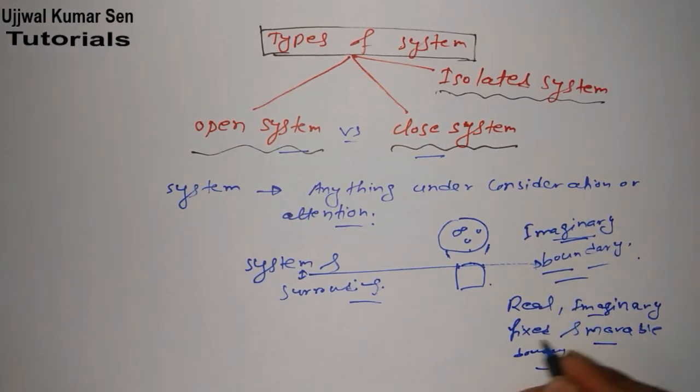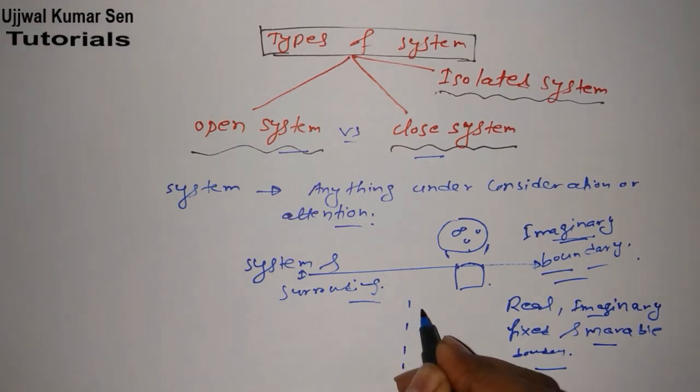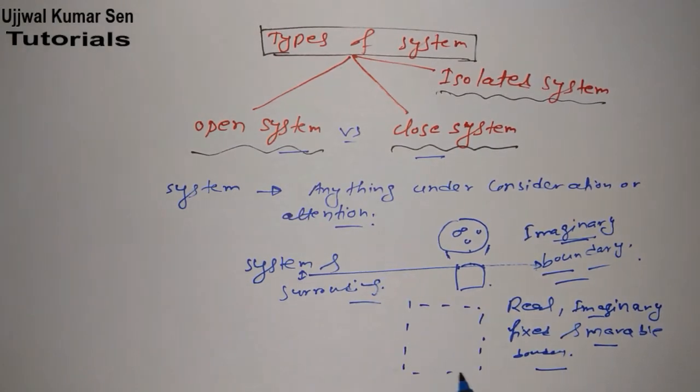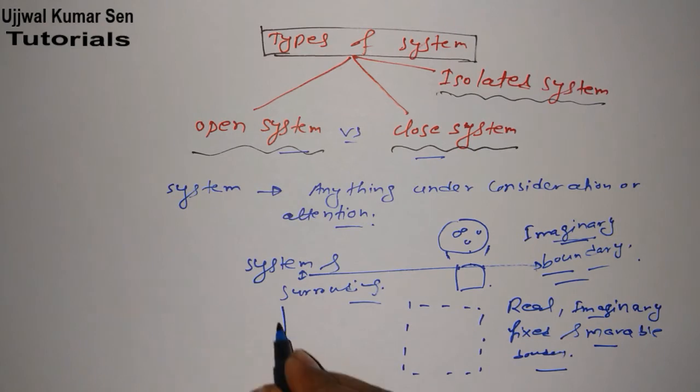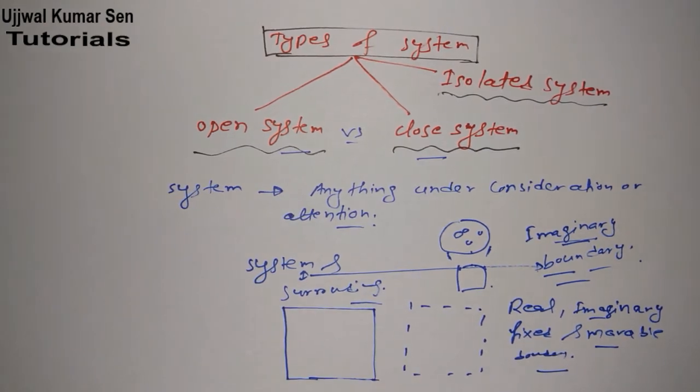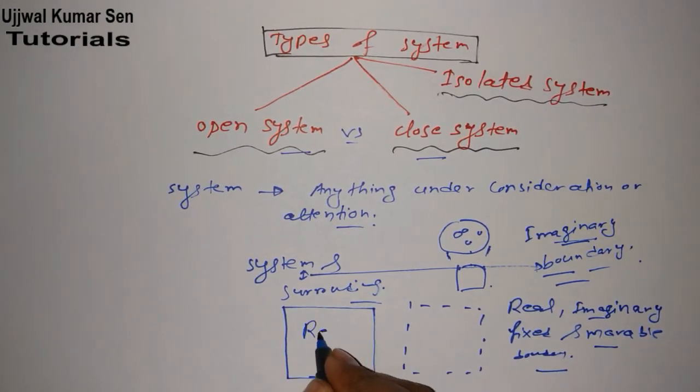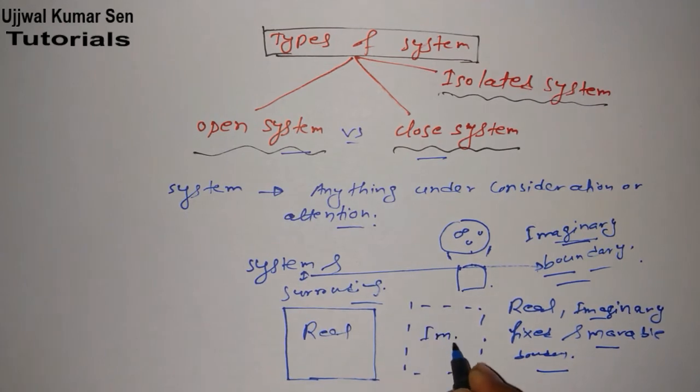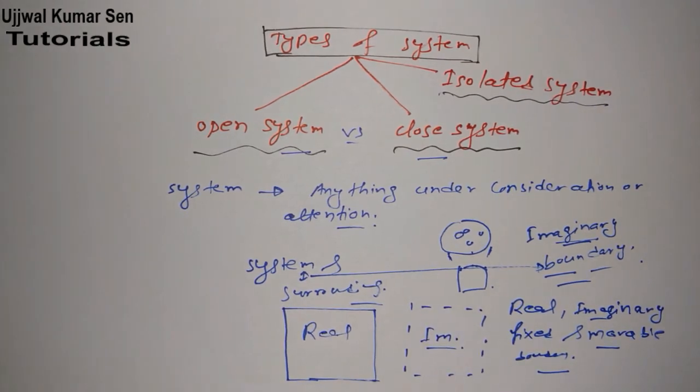If you are talking about imaginary boundary, then we denote imaginary boundary by a dotted line. Real boundary we denote by a continuous line. So this is for real, this is for imaginary. These two things you need to know: how we denote imaginary boundary and how we denote real boundary.